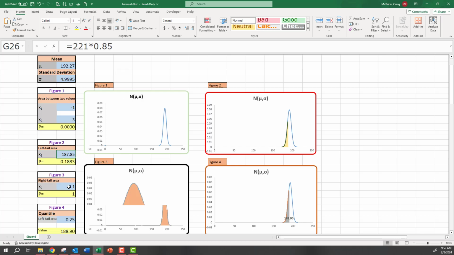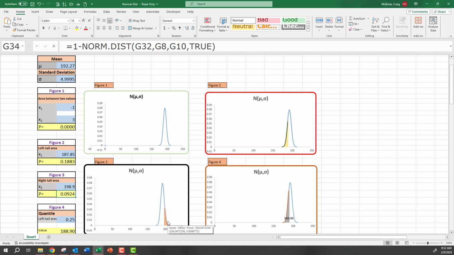So we could come up here and say, okay, this is going to equal 221 times 0.9. And now that is bigger than our mean. And you can see that, because I'm using the right tail one that I set up, this gives me the area to the right of it, because we're testing for being that far away from the mean, in this case about 7 points, or more. Well, the one that we're testing is below it, so we want that far away or less.